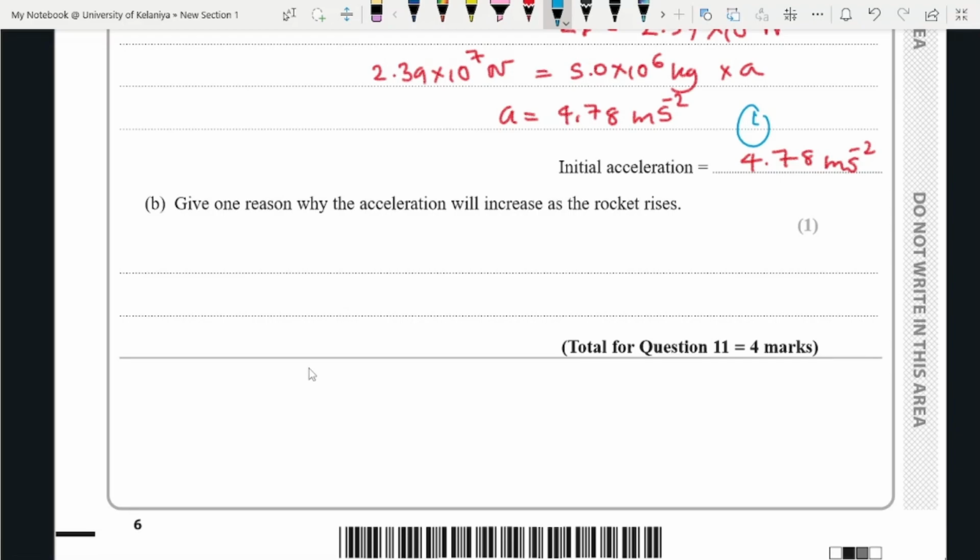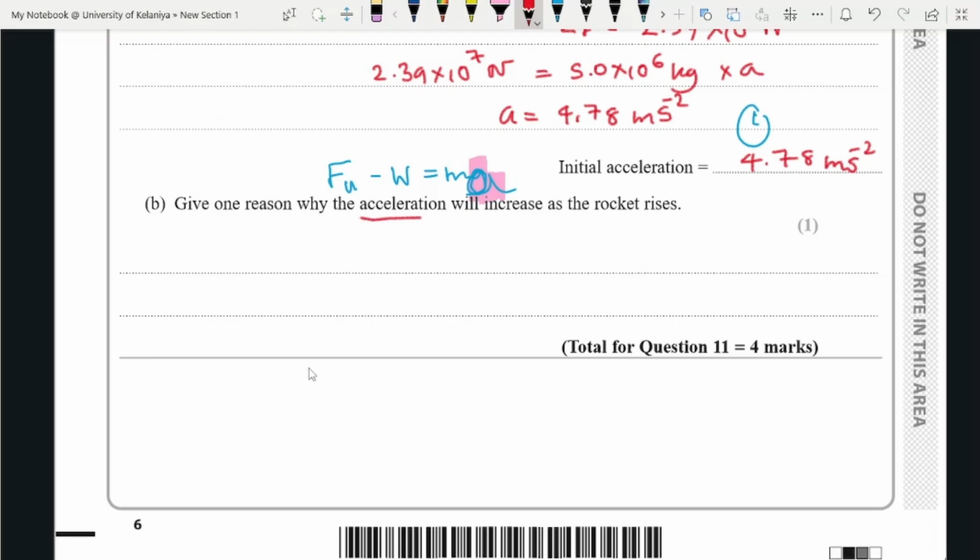the rocket rises, right? You can clearly see our equation, and this is the resultant force, or you can write it as upward thrust minus weight equals ma, right? So if this one is increasing, this one is decreasing, right?